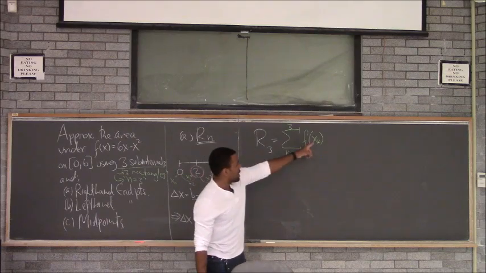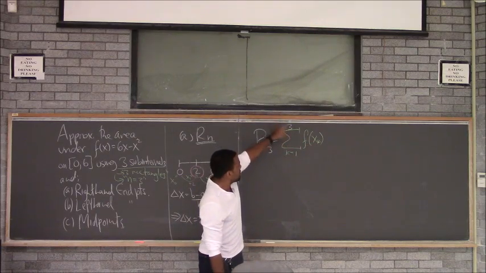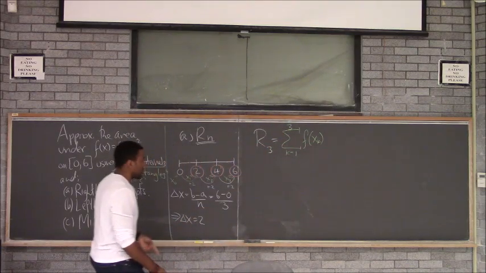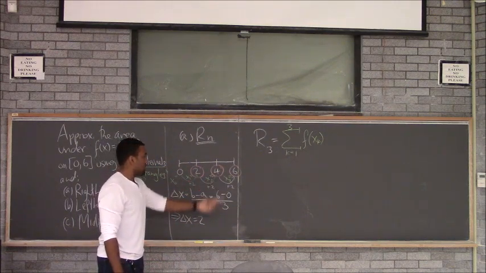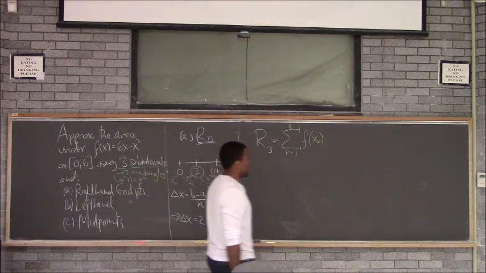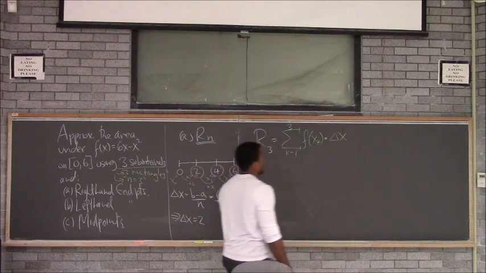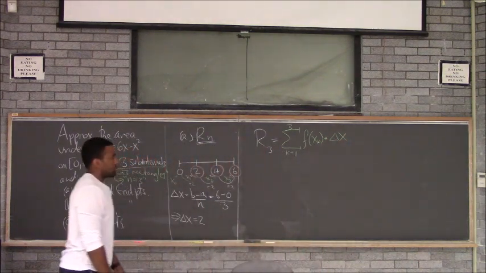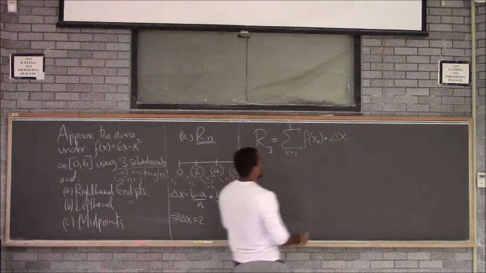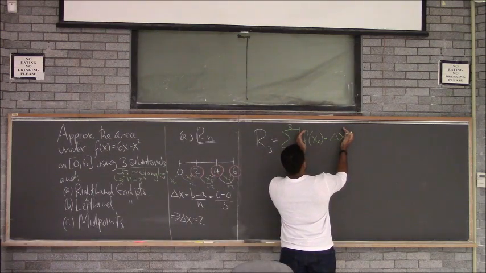So I'm going to want to take x1, 2, 3. This sigma says I'm going to plug in 1, 2, and 3, whatever these values are, and then add them all up, times delta x. Now, this delta x, you can think of it as being a part of this term, and you're just adding up things of this form.